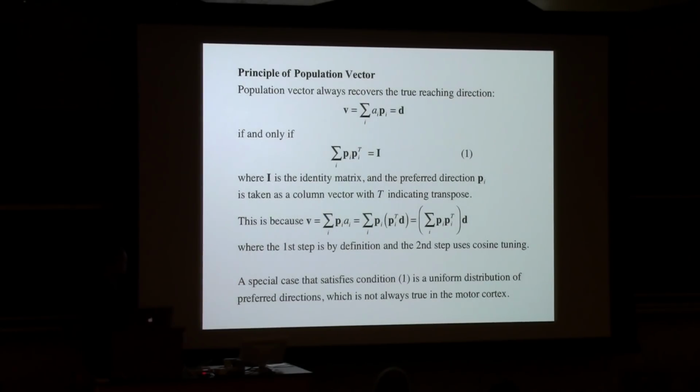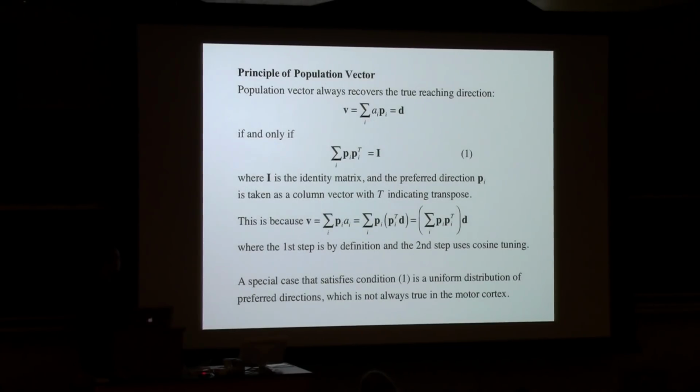With the transpose, it's a row vector. So this product is actually called the outer product of vectors, not the inner product, the dot product. This is the outer product. When you do this, you get a matrix, right? This is like a correlation matrix. So if this matrix, added over all the cells, is the identity matrix, then this works perfectly.